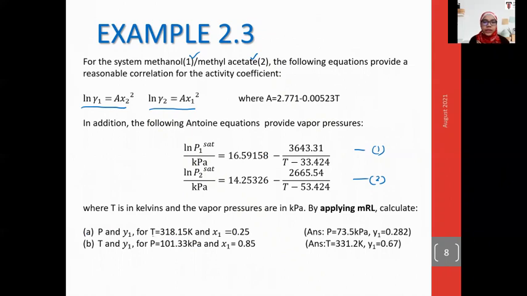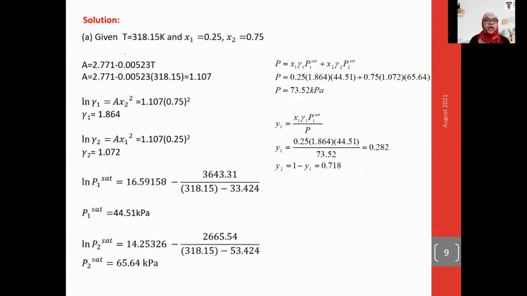For A here, since the temperature is given, we can determine the value of A, and then it gives us the value of the activity coefficient for both components. Let's take a look. Then we can also get the saturation pressure for both species.